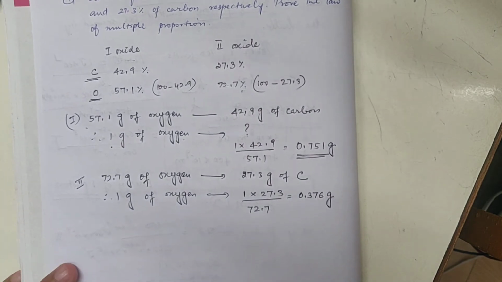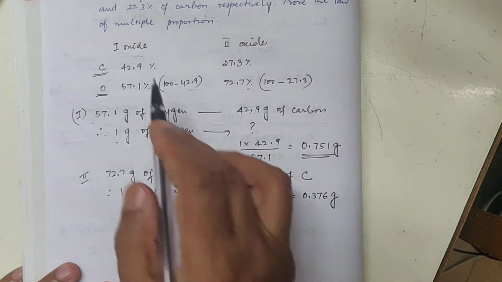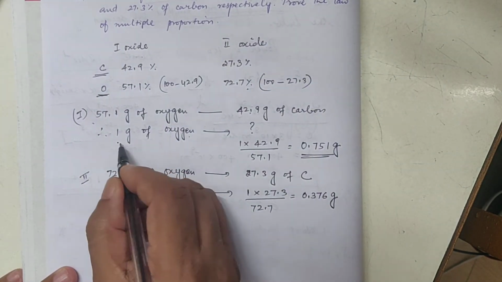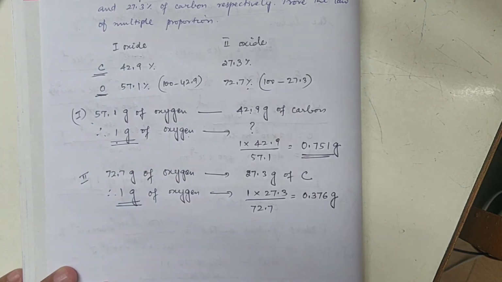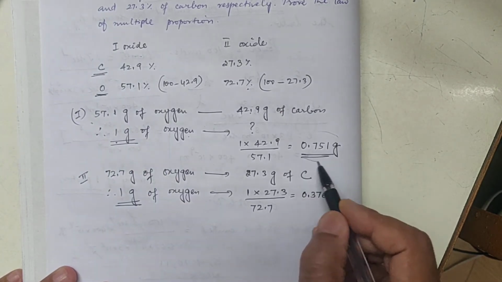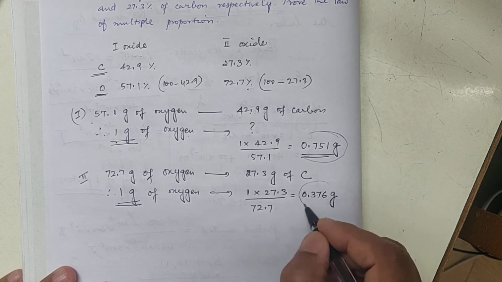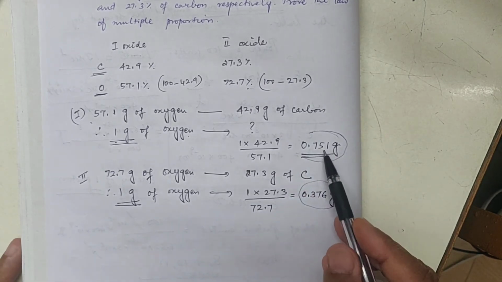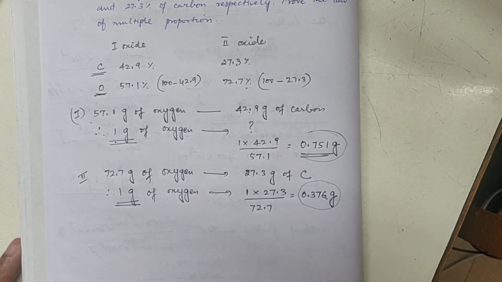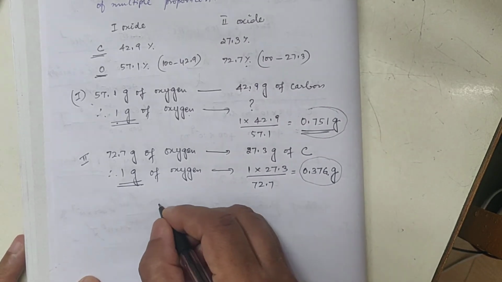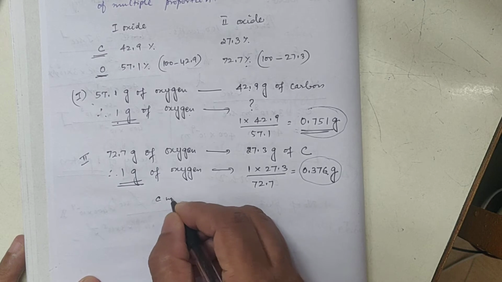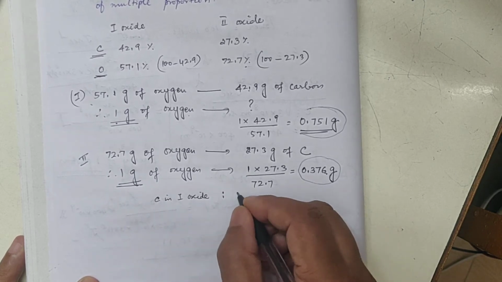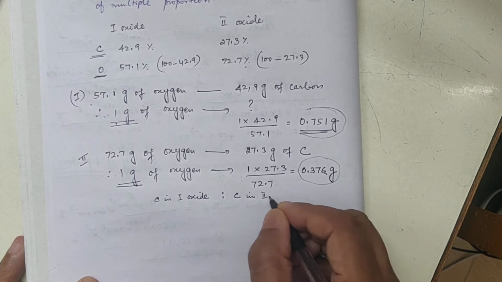Now what you have to do according to the law of multiple proportion, you have standardized the amount of oxygen to 1 gram in both the cases, and the amount of carbon you have got is 0.751 and 0.376, and you have to show that these two are in a simple ratio. That is, carbon in first oxide to carbon in second oxide.